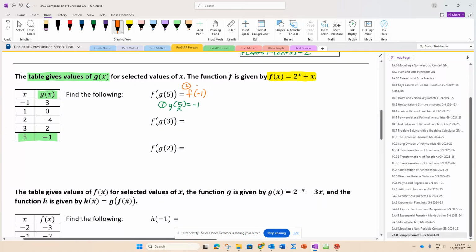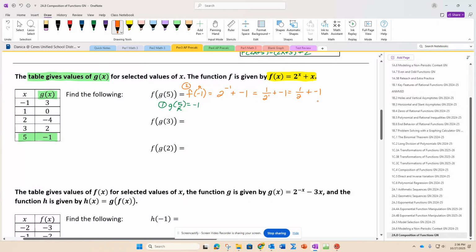Now I'm going to evaluate my f function, this exponential function, for an x value of negative 1. This gives me 2 to the negative first power plus a negative 1. So I'm replacing each of those x's with negative 1. Then we use exponent properties with negative exponents. 2 to the negative first power would be 1 over 2 to the first power, which is just 1/2. So basically what we have here is 1/2 plus negative 1. We need to combine these.